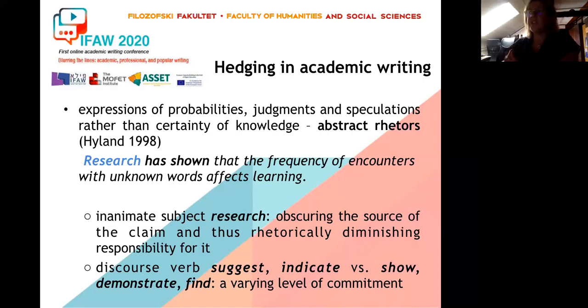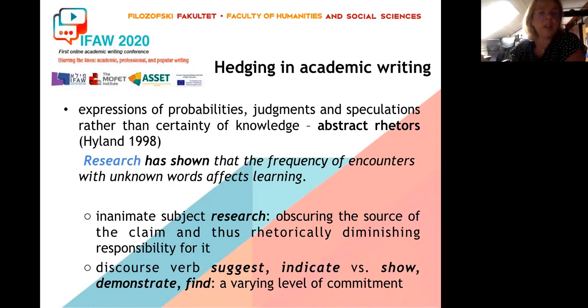So inanimate subjects turned out to be the interest of our research, and we found them in many resources, especially, let's say, in Biber's grammar, right? The use of inanimate subjects in subject positions, accompanied by verbs of various semantic domains, is a typical feature of academic prose.